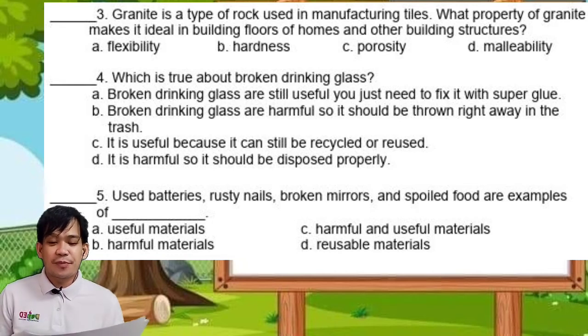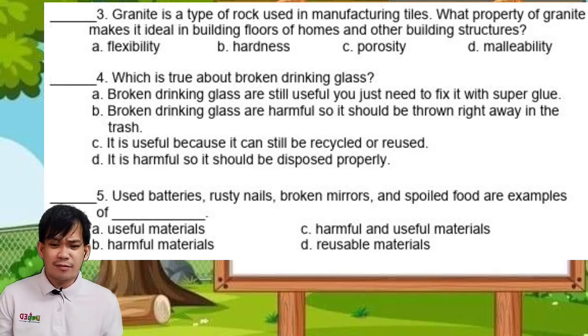Number 4. Which is true about broken drinking glass? So, ano dito yung tama sa basag na baso? Okay. A, broken drinking glass are still useful. You just need to fix it with super glue.